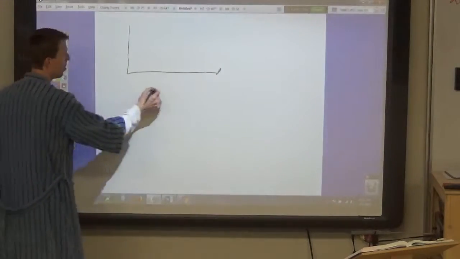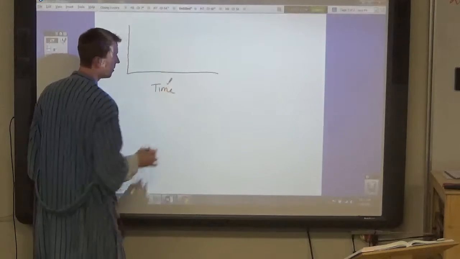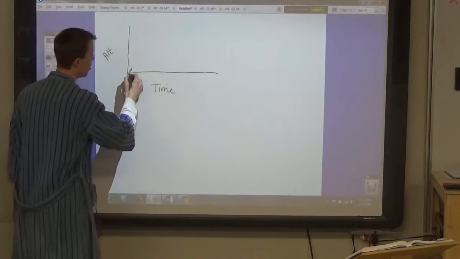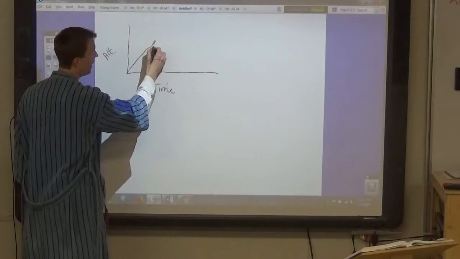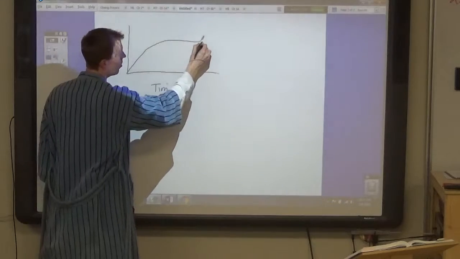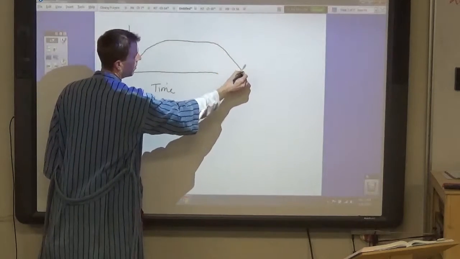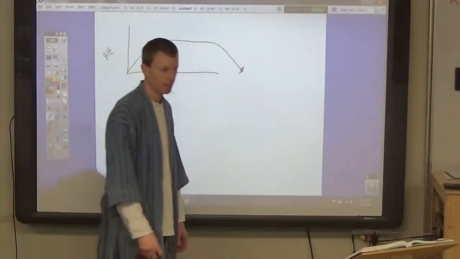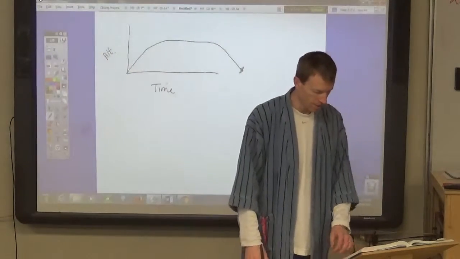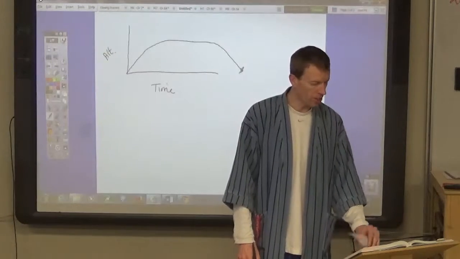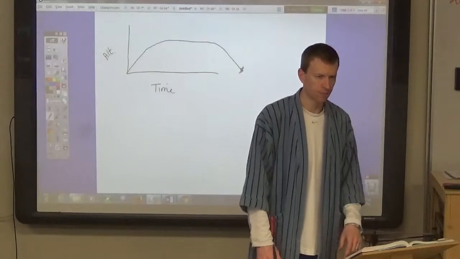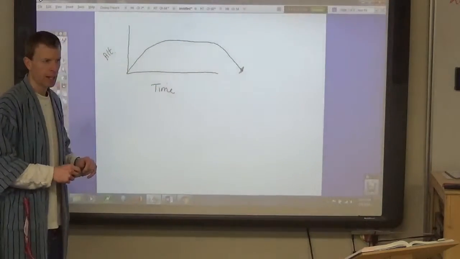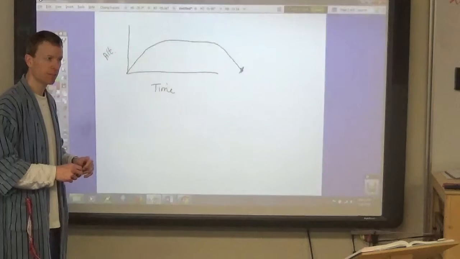The height of the plane over time. Altitude over time. And so it goes up quickly, and then it levels off, and then it goes down, right? It's a basic line, okay? And so what you're going to be doing is looking at lines like this, and look at the two things that are being compared, and then labeling those sections of graph, okay?